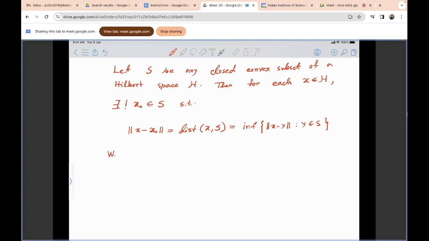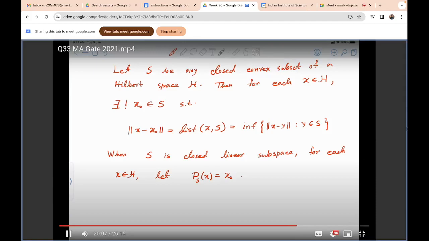So when S is a closed linear subspace, for each x, we denote the projection to be x naught.